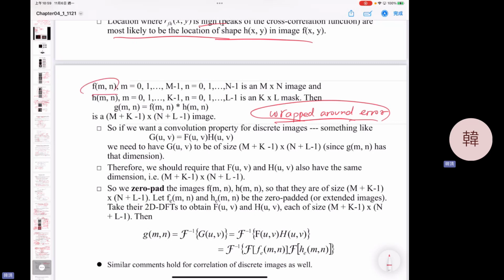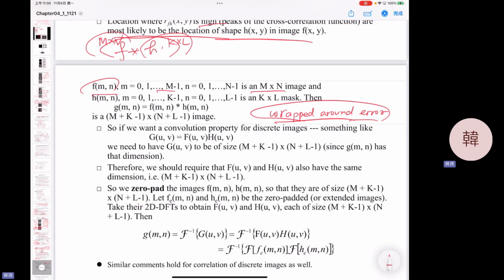Our image always needs this, because you are going to perform F convolve H to get the result you want, maybe low pass, high pass. Unfortunately, this is the size of M by N, and this is the size of K by L. They have different sizes.